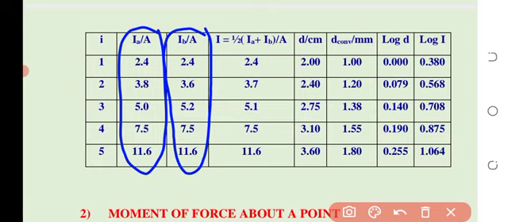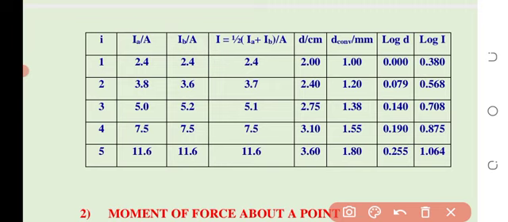Bringing them together, we're able to find the value of I, which is equal to half of the sum of IA and IB. Remember, at the top of each column, we have the quantity measured and the unit there. So you are not meant to record the unit in front of each value. It is very wrong to do this.